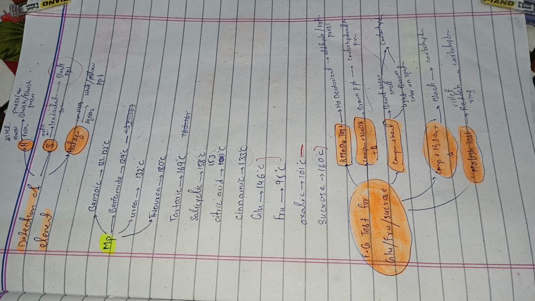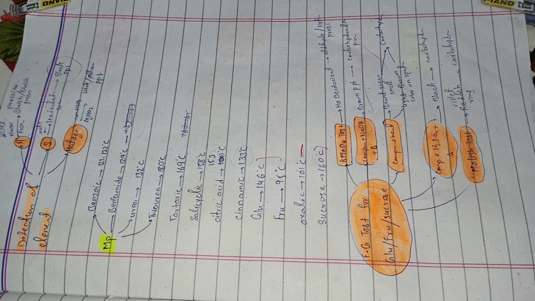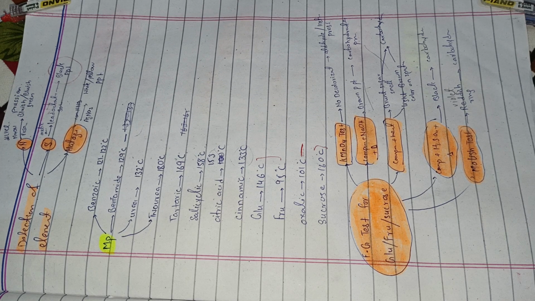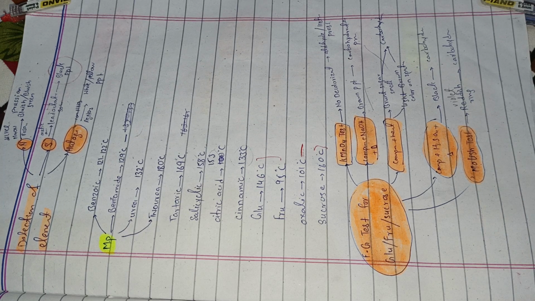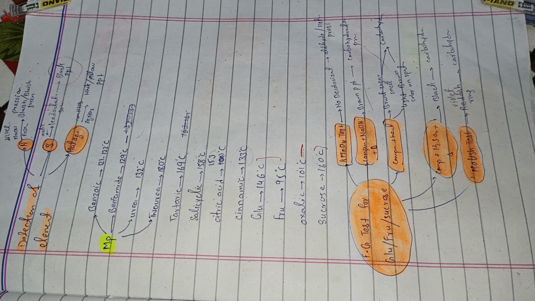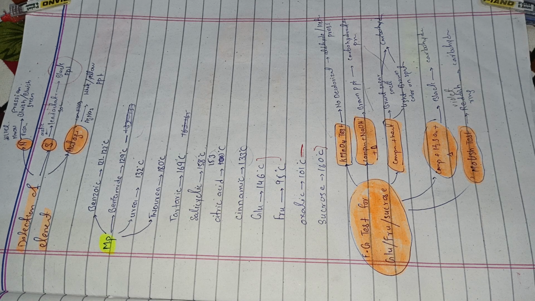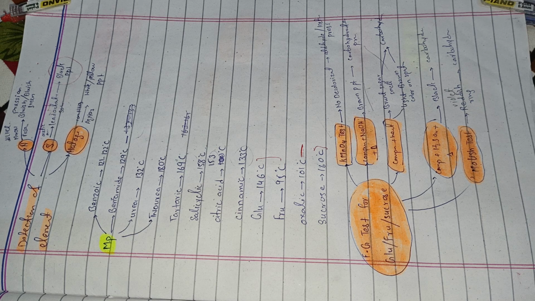Urea and thiourea have a great difference. And what is the difference? Yes, very good, you answered right. It is 132 to 180. Now we move on to the pair of salicylic acid and citric acid. Salicylic acid is approximately 160, it is 158, and citric acid has 153.